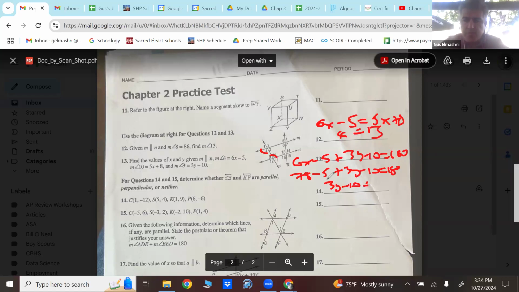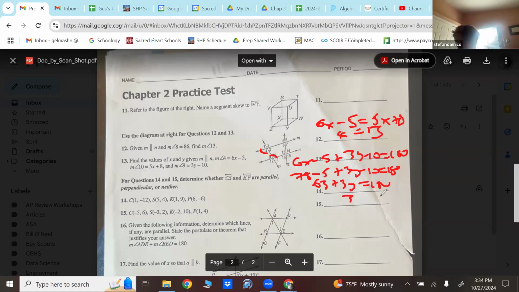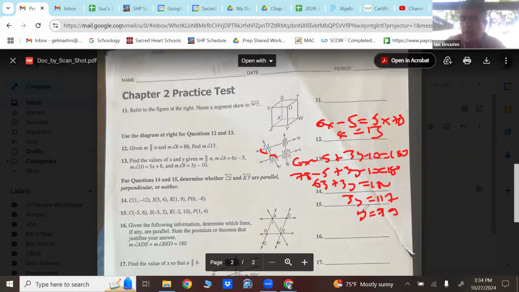Actually, 73, 63. So that's going to be 39, I think. Yeah, so a lot of algebra is happening there.